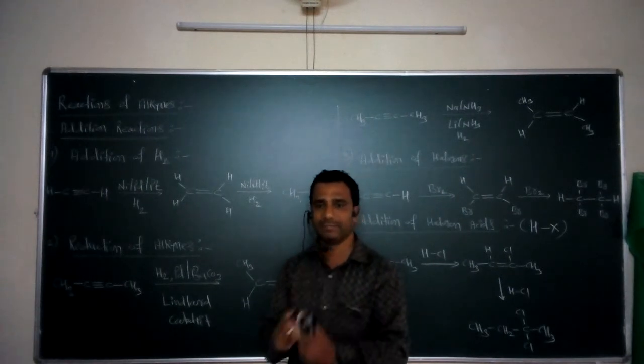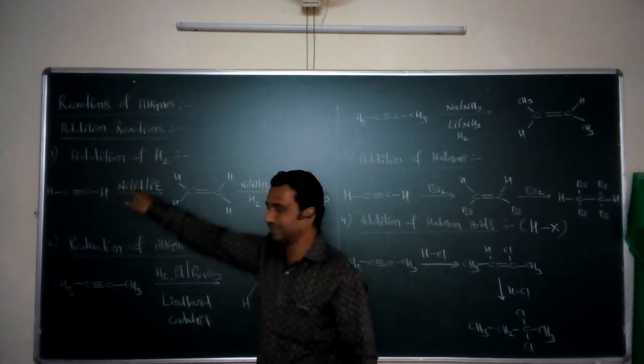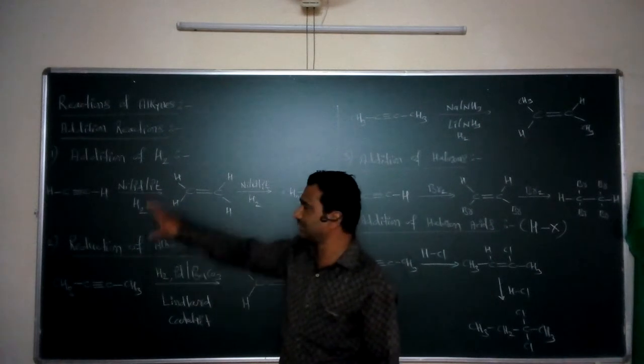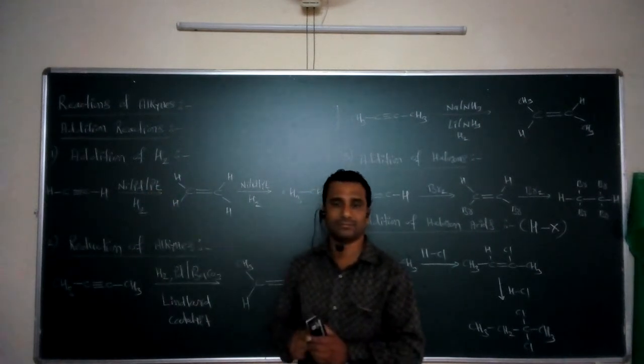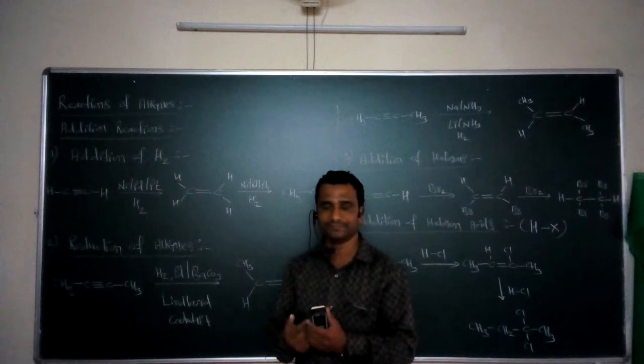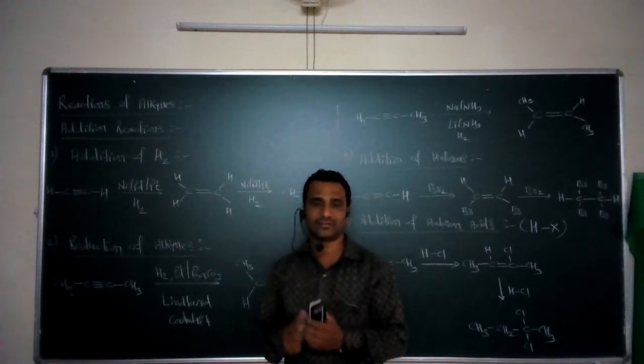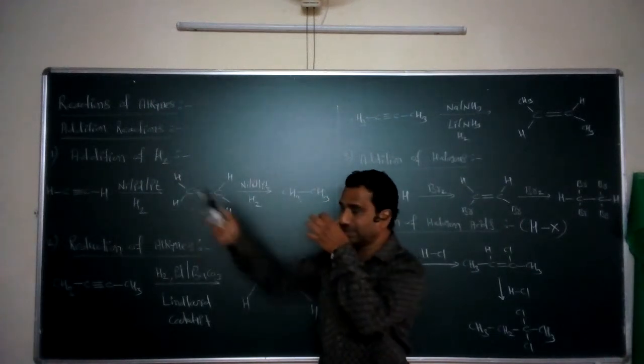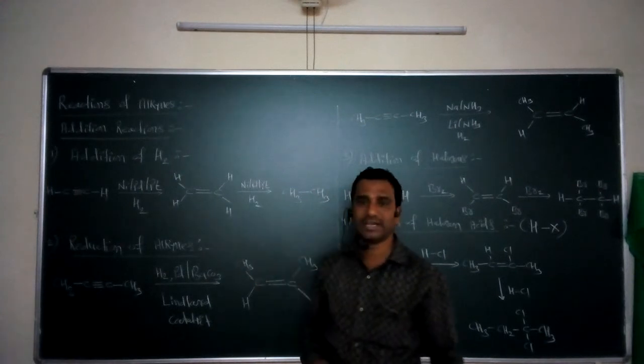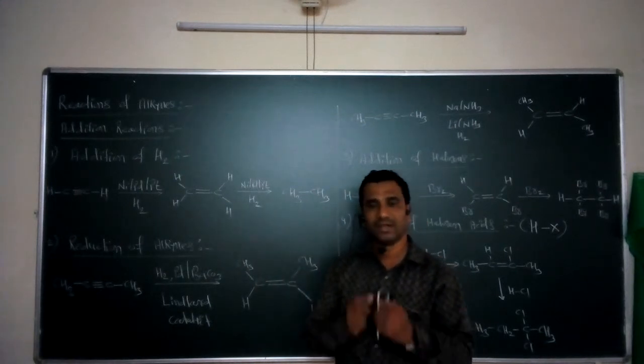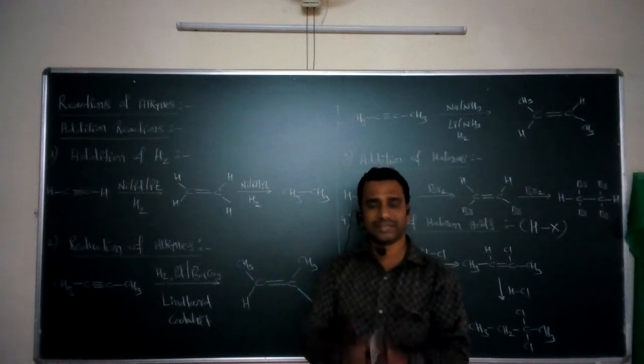That catalyst may be nickel, palladium or platinum. After the interaction of this reagent with the alkyne, in the first step we get the alkene formation.